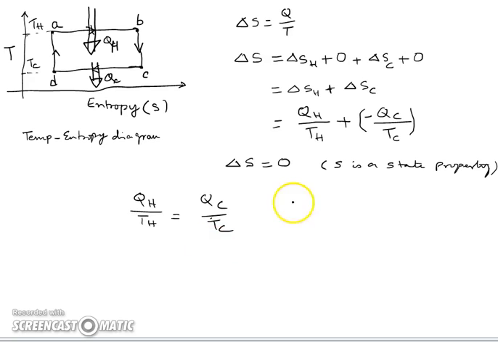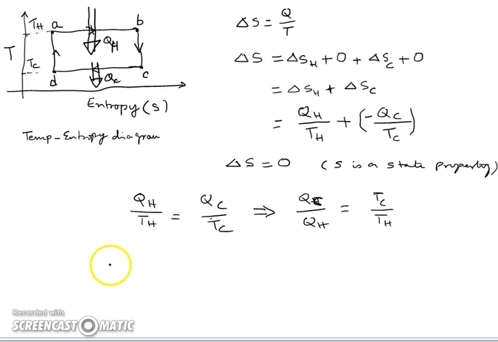And then we can rearrange this so that QC over QH is equal to TC over TH, right?